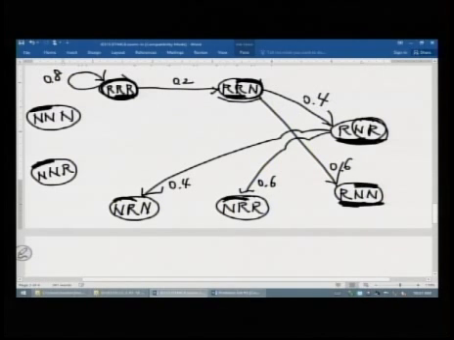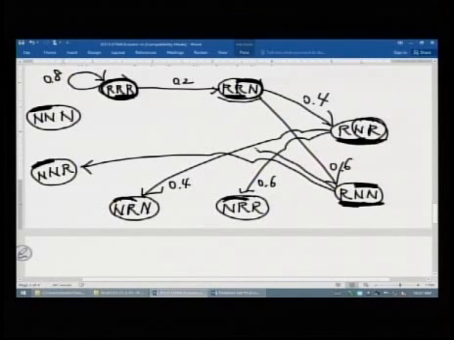So we're going to have this transitions and this transitions as well. This time this is going to be 0.6 and 0.4. Is that right?